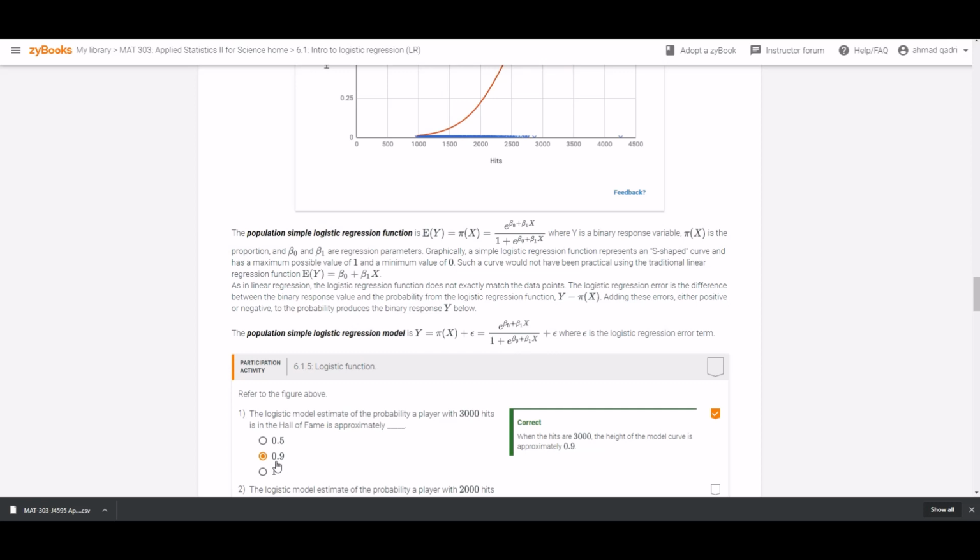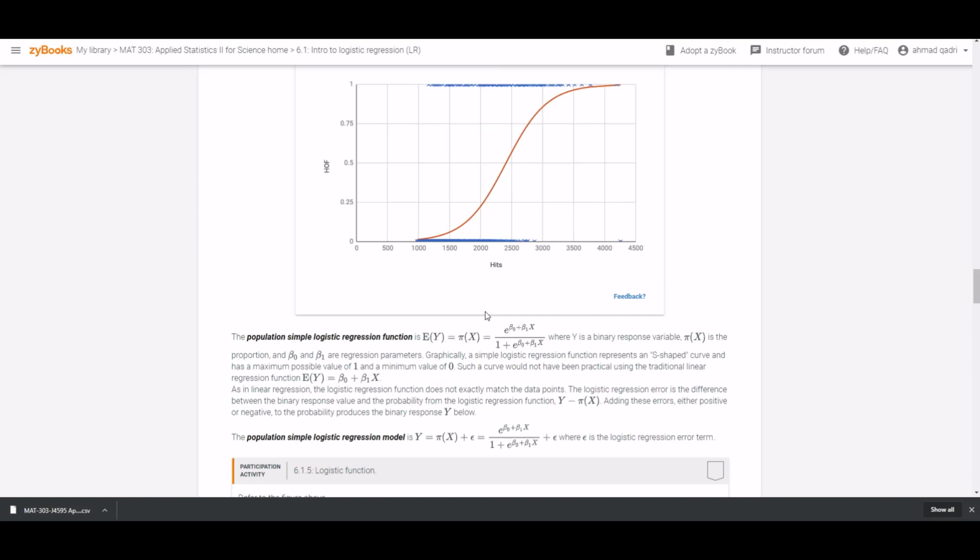So this is the probability that the player is in the Hall of Fame if that player has had 3,000 hits. That's what that means. So this is what, on a very high level, logistic regression represents. You will get values from 0 to 1 for each prediction, and that prediction is basically the probability that your response variable takes a value of 1.